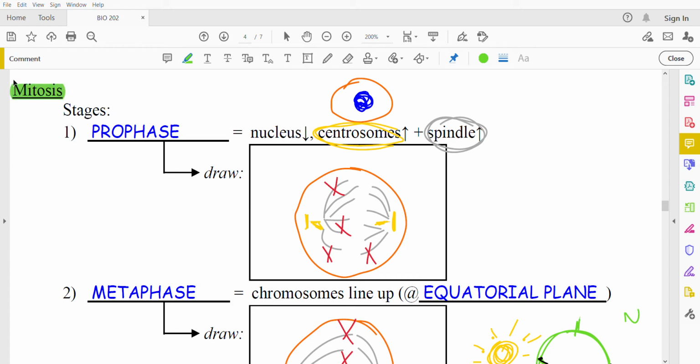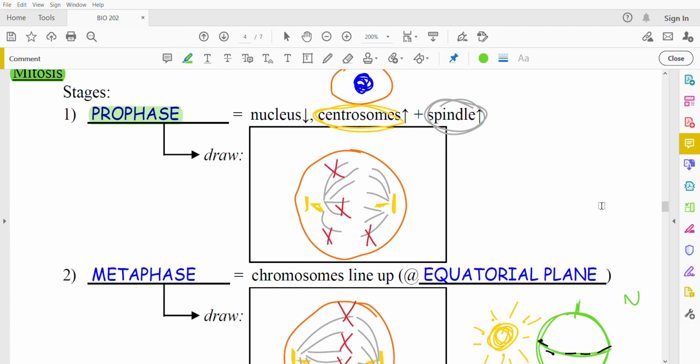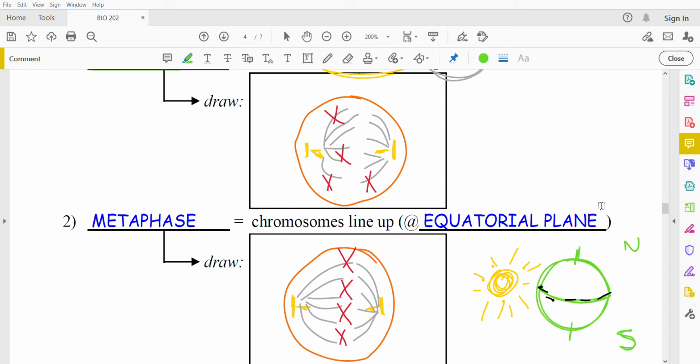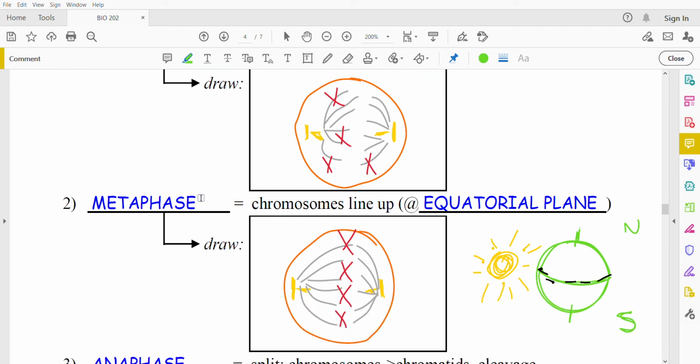Mitosis included stages prophase, during which the nucleus and nuclear envelope disappear, centrosomes appear, and spindle appears. Notice how the chromosomes are floating all over the place. Then during metaphase, the chromosomes attach to the spindle and line up on the equatorial plane.